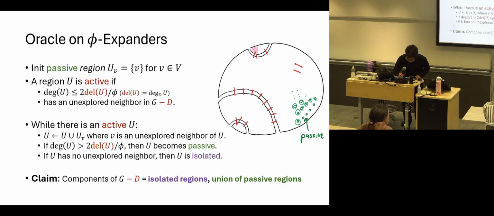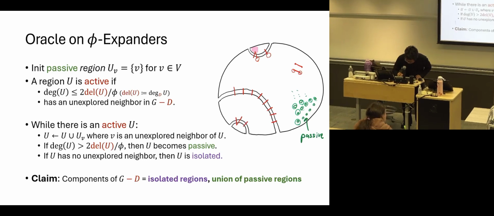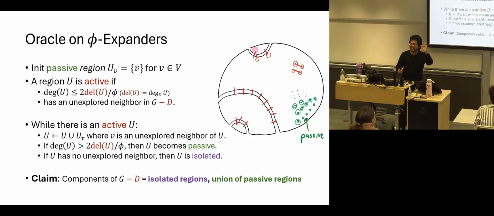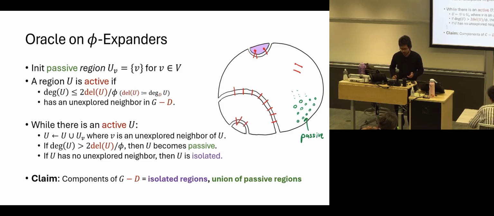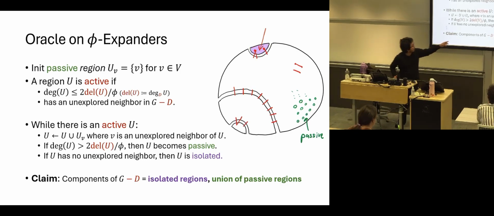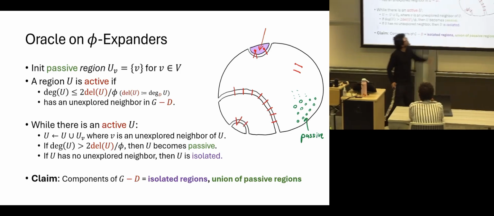But you know for sure that the node which is the endpoint of a deleted edge is going to be active. Each of these is actually an active region. Let's say we start exploring from this active region, and then we merge things, and this now becomes isolated. The purple thing is isolated.